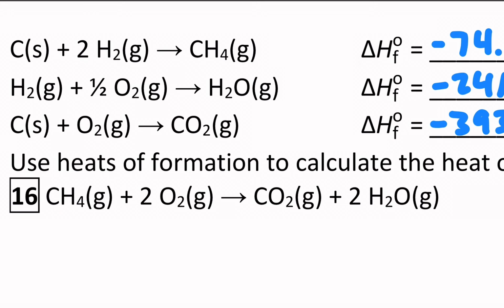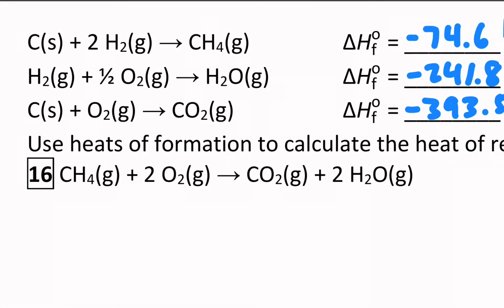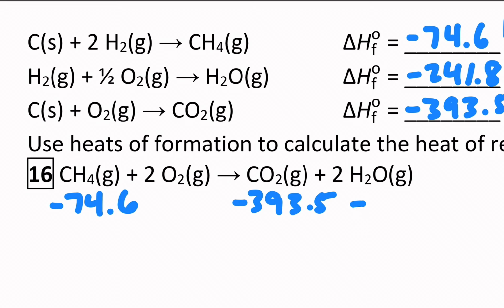So I know that the heat of formation of methane, I'm just going to rewrite them below each substance, left to right. Methane is -74.6, CO2 is -393.5, and water is -241.8. You'll notice I skipped the oxygen. Well, elements don't have a heat of formation.